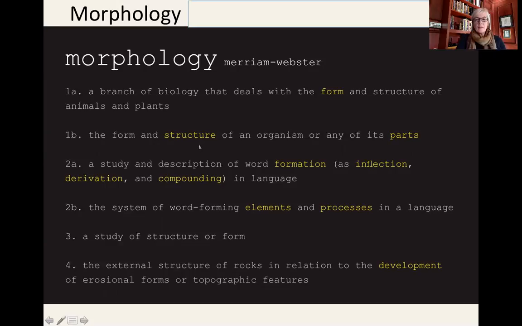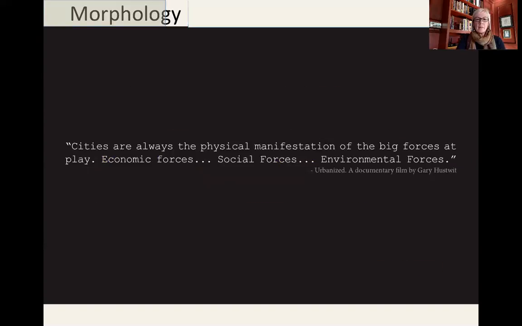So we'll be thinking about structure, parts, and the formation of these things, and what have been the different influences on the resulting morphology: the economic, social, and environmental aspects. This is where we're going to do an overview that will help us as we dig into where things are now.